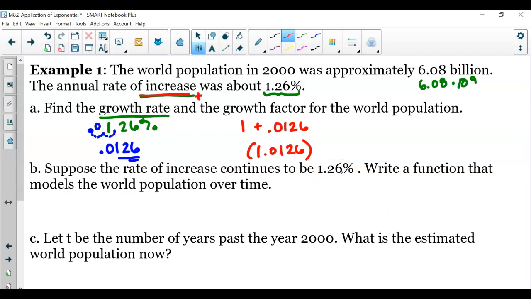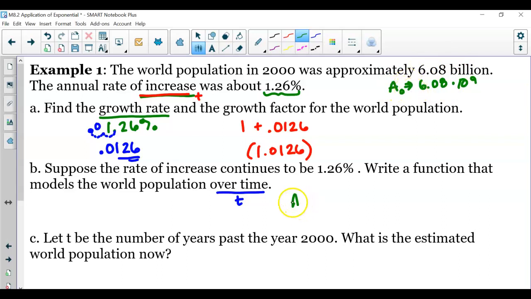Now let's write that function, modeling the world population over time. We don't know yet what T is, so we'll still use T in our function. A, the final amount, because we don't know what the final amount is, right? We're starting at that 6.08 billion, so this is our initial.